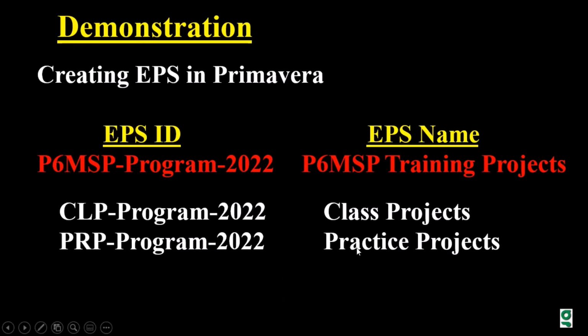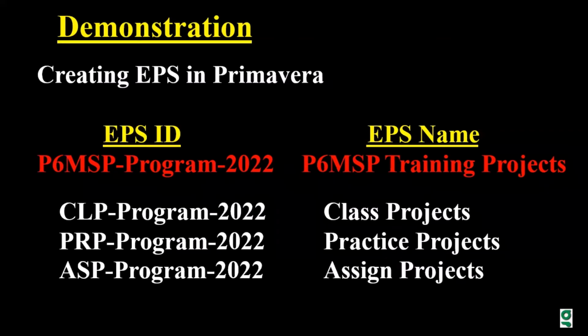And the name for that EPS is going to be practice projects. Then finally, we're going to create the third node, which is ASP-program-2022 as the EPS ID, and the EPS name for that is going to be assigned projects.